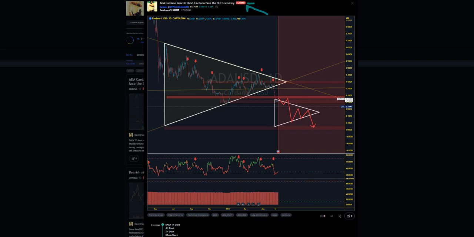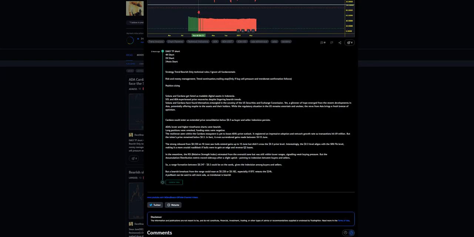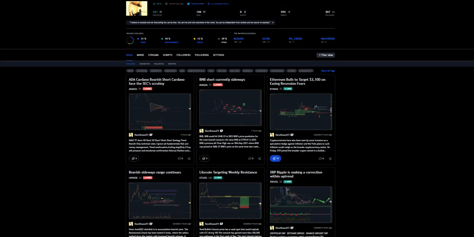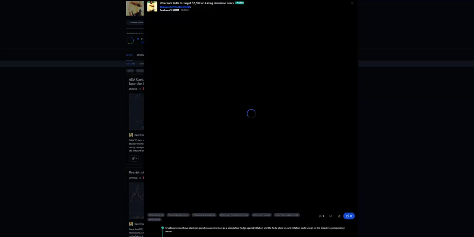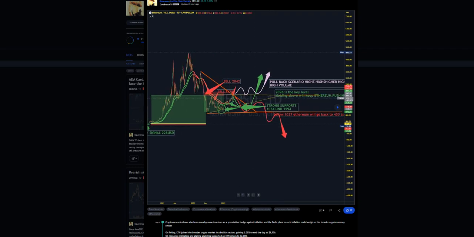So, and if you scroll down, you see here also the fundamentals, why I think the market is going up, right? So another example, Ethereum bulls to target 2100. The same. Now I make it a little bit bigger.